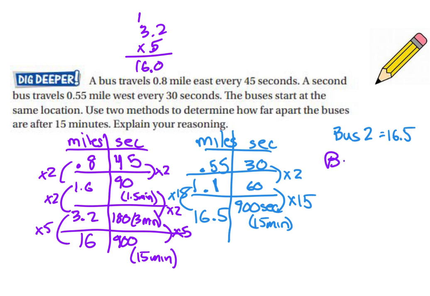So bus 1 goes 16 miles. How far apart will they be? 16.5 minus 16 is 0.5, or half of a mile apart.